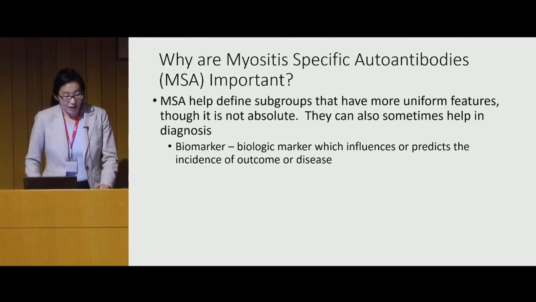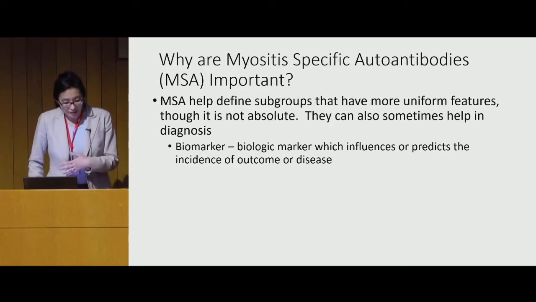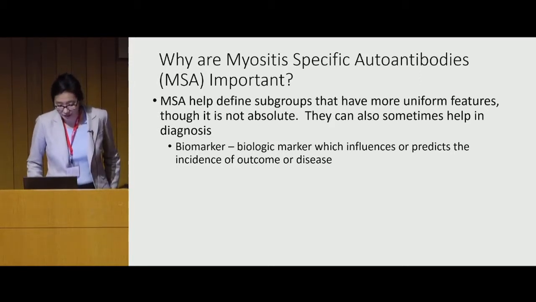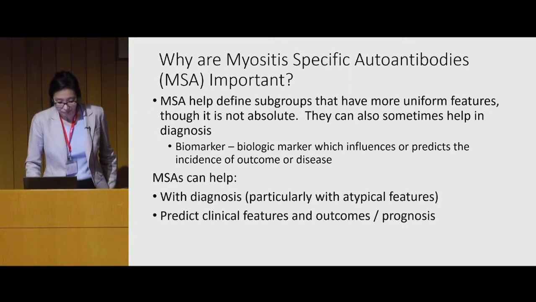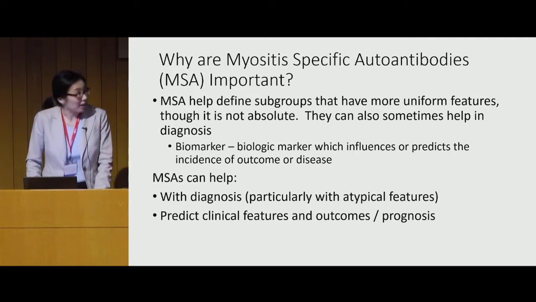Again, it's still considered to be a biomarker that may help with diagnosis and may help with prediction of certain features and how the course of the disease may go. They can particularly help if the presentation is not typical, and help learn about how to predict somewhat what features may evolve over time and how the outcome or prognosis of the disease may be.